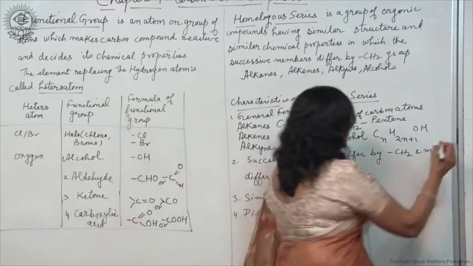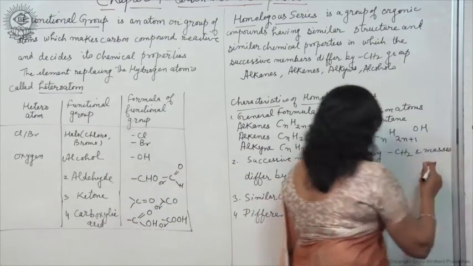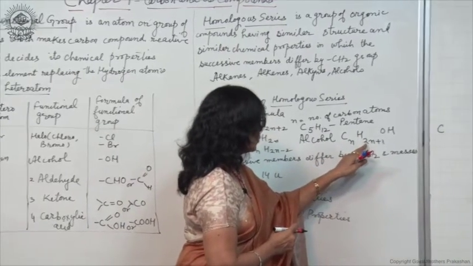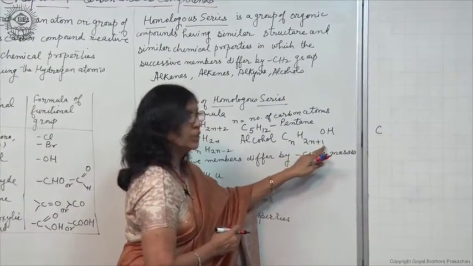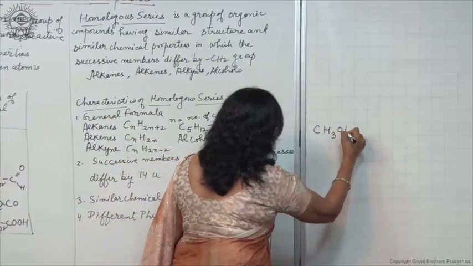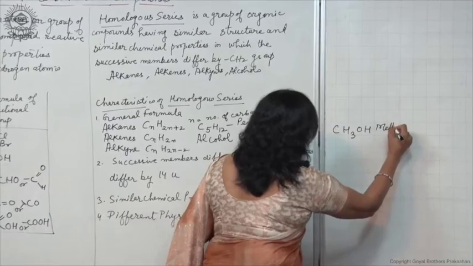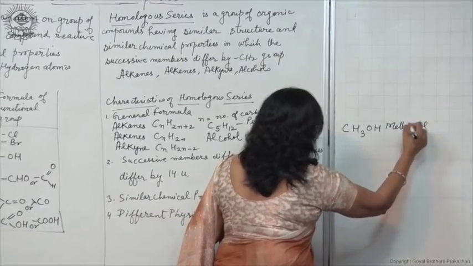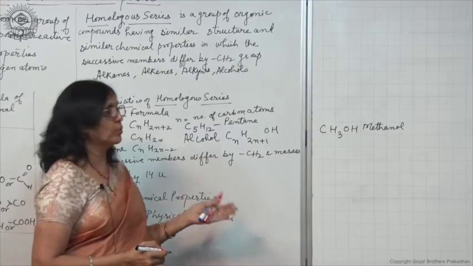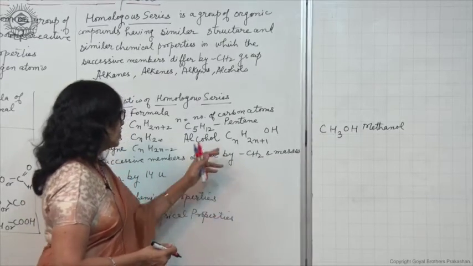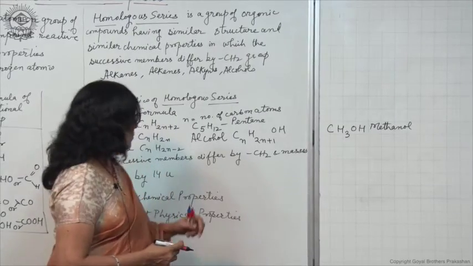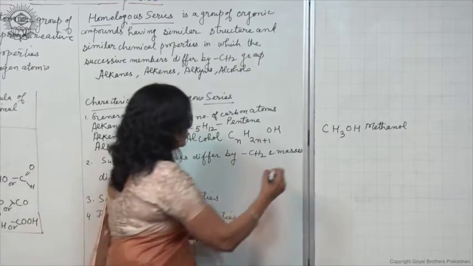Let us write it here. n is 1, so we need not write 1. H is 2 into 1 plus 1, 3. So, H is 3. So, the first member is methanol, and same way you can write the second member also, third member also, but you should know the general formula.